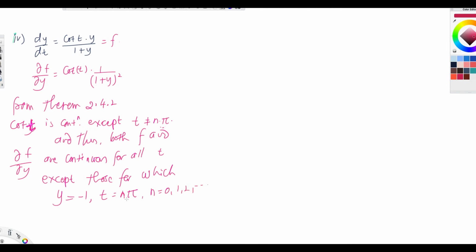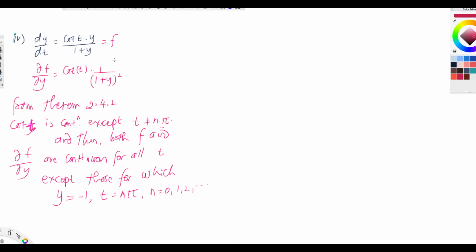Okay, guys. Because the initial condition is not given, we cannot find a specific interval. By the way, this was question number 12 from the book.